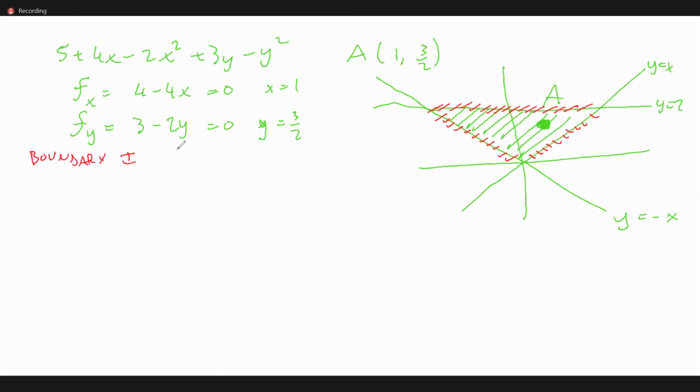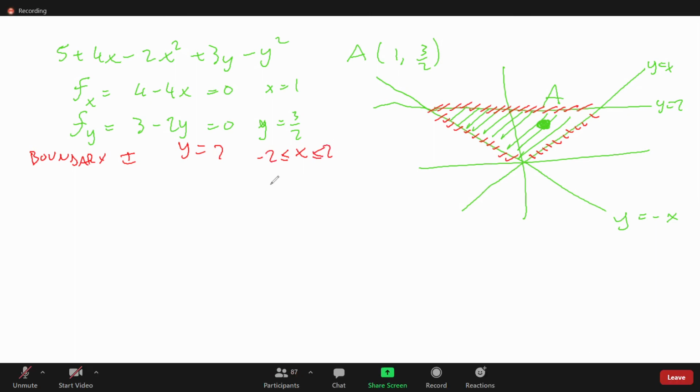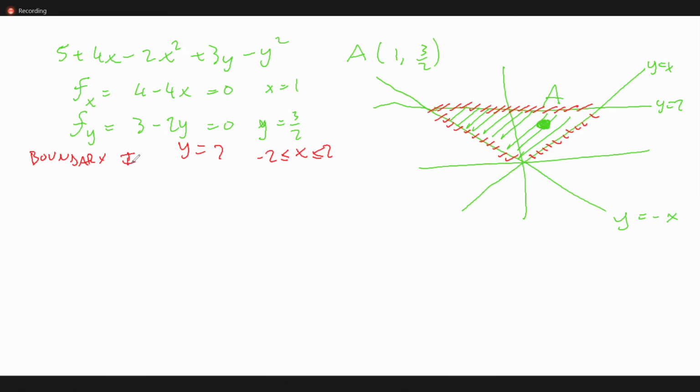Boundary 1 is y equals 2 with x constrained between -2 and 2. So our function now becomes f of x, 2.